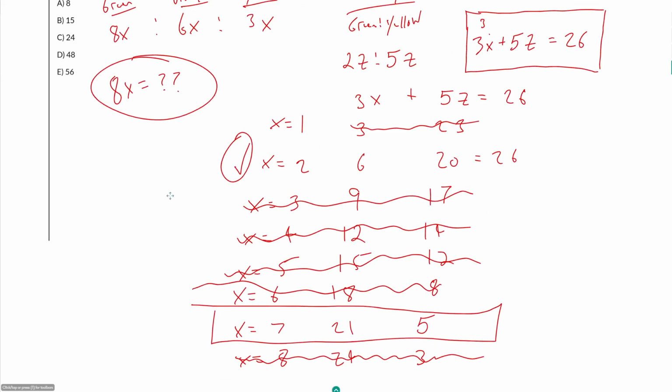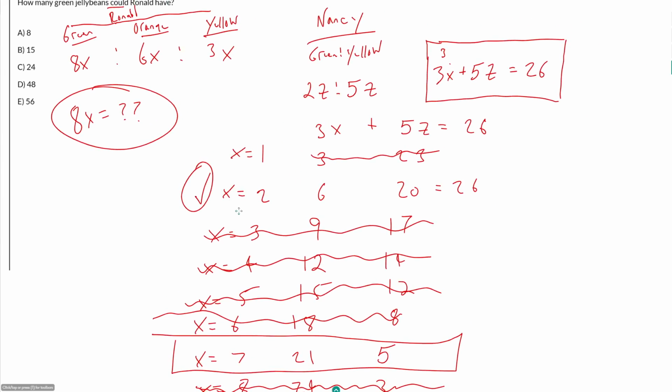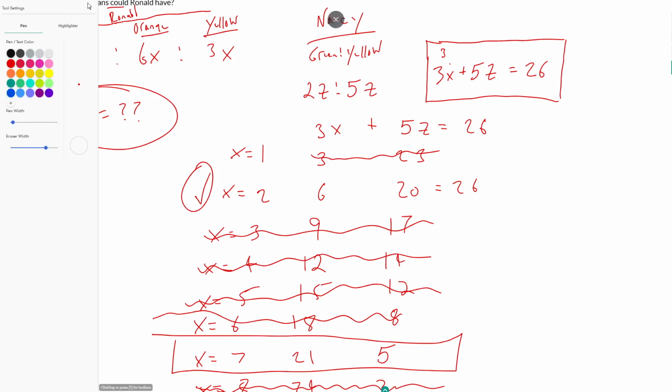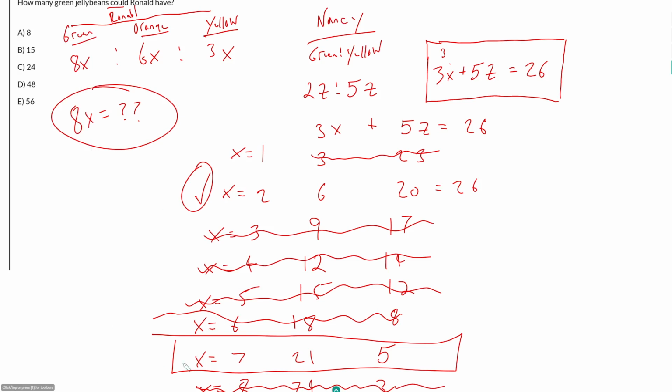So when x is equal to 7, that means Ronald has 21 yellow jelly beans, 3 times 7, and Nancy has 5z, which we said z was equal to 1 in this case. So 21 plus 5 is 26.